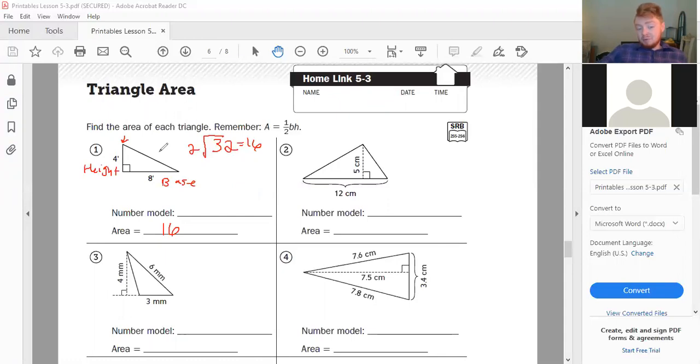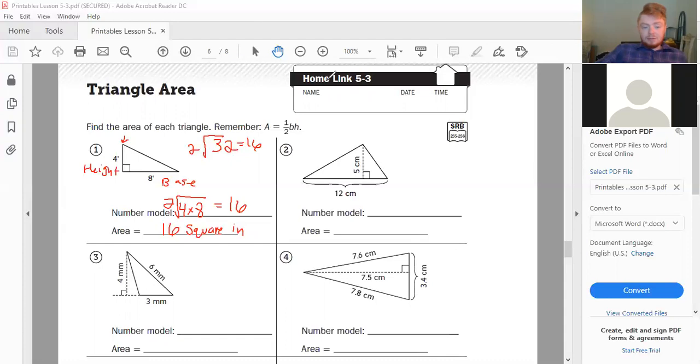Hopefully that's not super important for you to know right now, but this would be 16 square inches. And then our number model is what Siwan helped us figure out, which is 4 times 8 divided by 2 equals 16. So just all this stuff, basically.